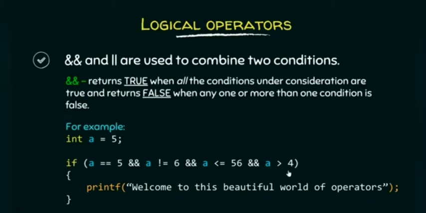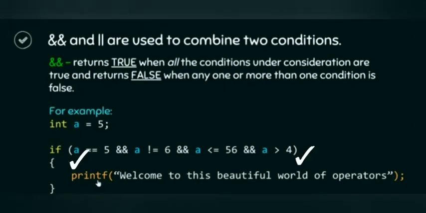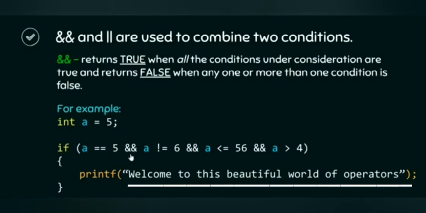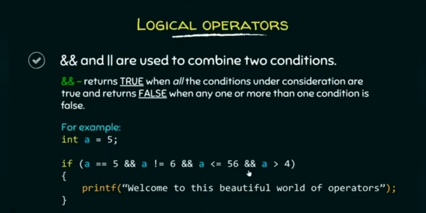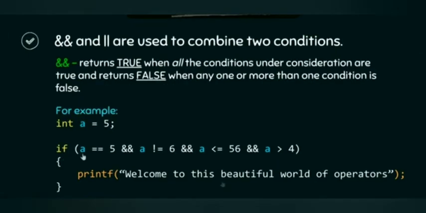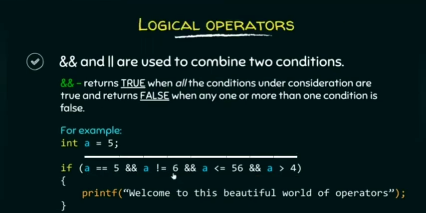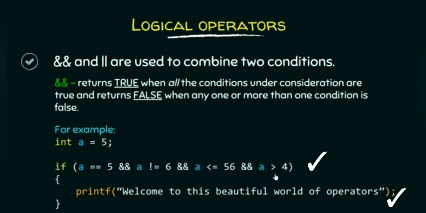Because we know the functionality of the if construct: if the condition in these round brackets evaluates to true, then only will we get inside this if construct and print the statement. Since the AND operator combines multiple conditions, only if all the conditions are true will this expression be true and we be able to print this statement.